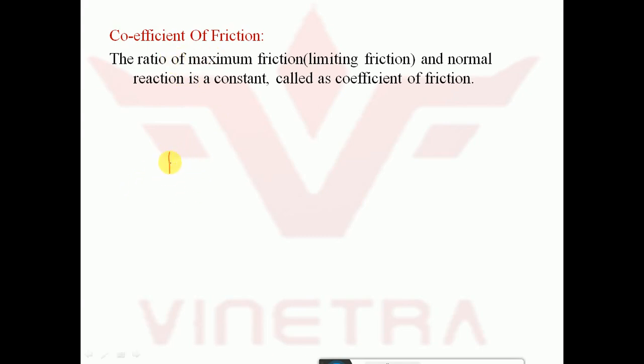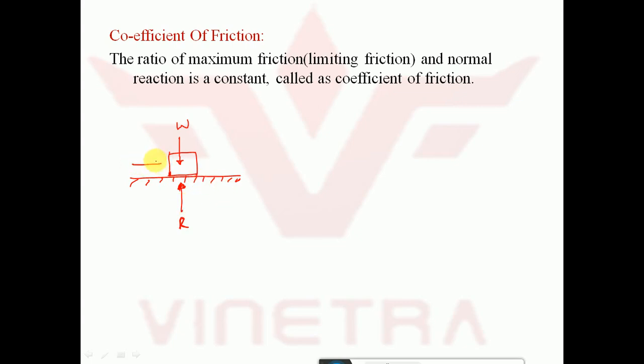Next, coefficient of friction. Let us take a wooden block placed over a surface. The wooden block has a self weight of W, because of which a support reaction R or normal reaction R will develop here.